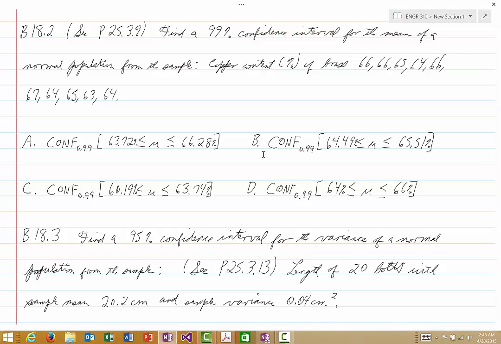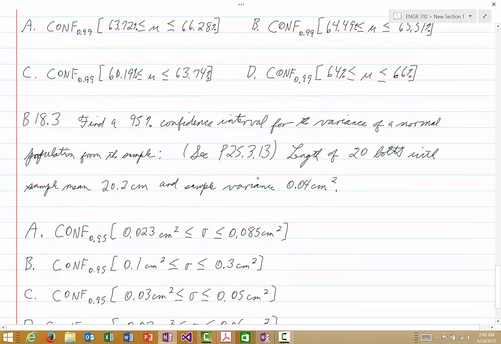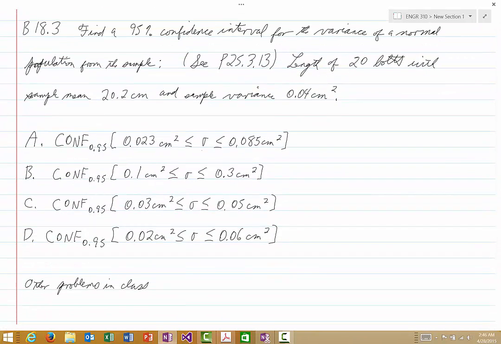And finally, for problem B18.3, in this one we want to find a 95% confidence interval for the variance of a normal population from the sample. And this is like problem 25.3.13. The sample is length of 20 bolts. So 20 is your sample size here.